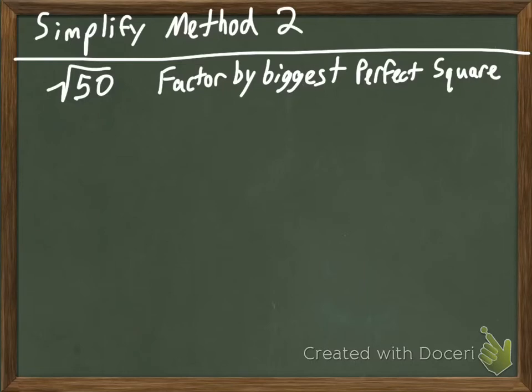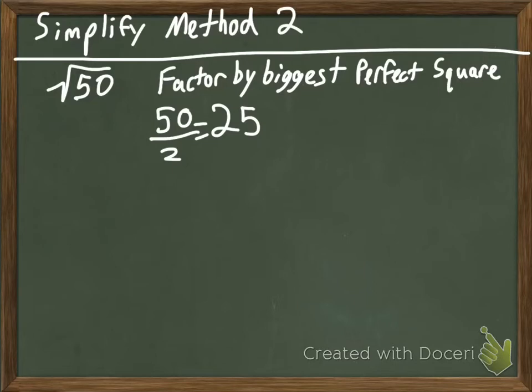So we look at 50, and I know that the biggest perfect square is 25. Now the trick to this is to look at the number and divide it by 2. So you take 50, divide it by 2, and you get 25. Now it works out because this 25 is a perfect square.